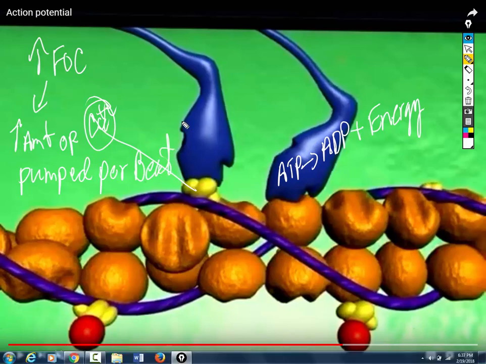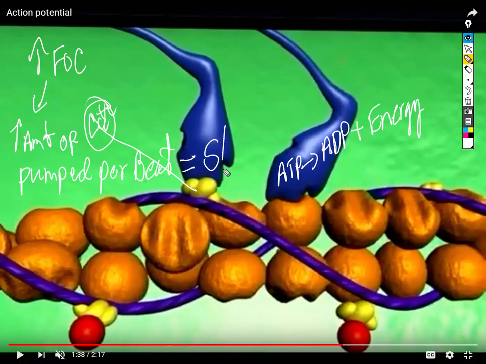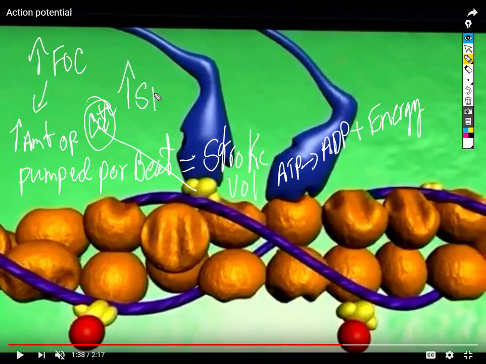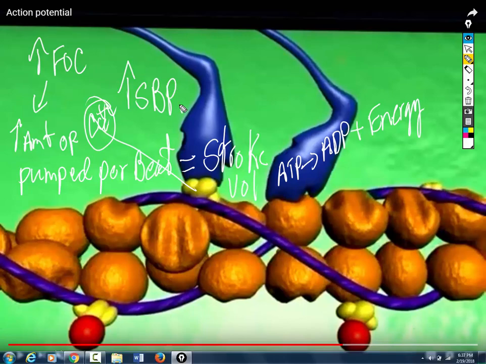And the amount of blood pumped per beat, anybody know what that is? That's very good. Stroke volume, and you increase the systolic pressure that's generated. Who's following that? Yes? That's Starling's law of the heart.